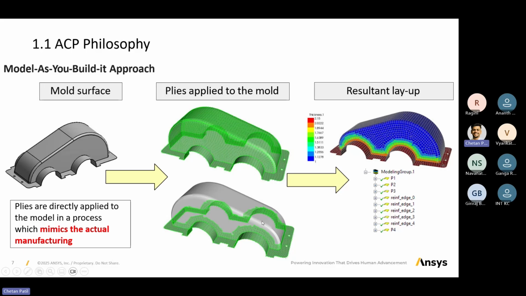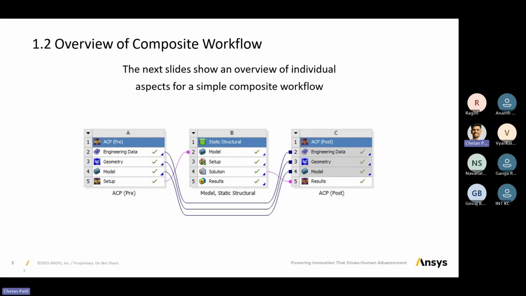You can make use of local refinements and local reinforcements as well, to provide some amount of strength to the model. That process can be considered the actual manufacturing process as well. As you can see, the plies are directly applied to the model in a process which mimics the actual manufacturing process. The same thing we are going to do here.